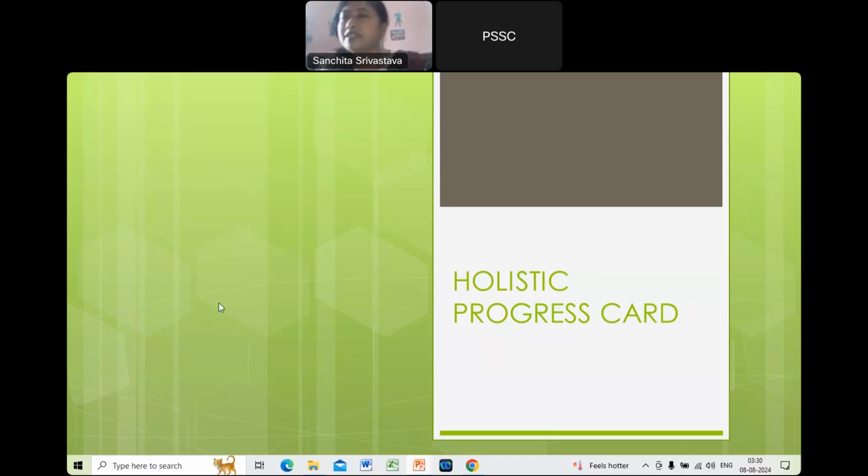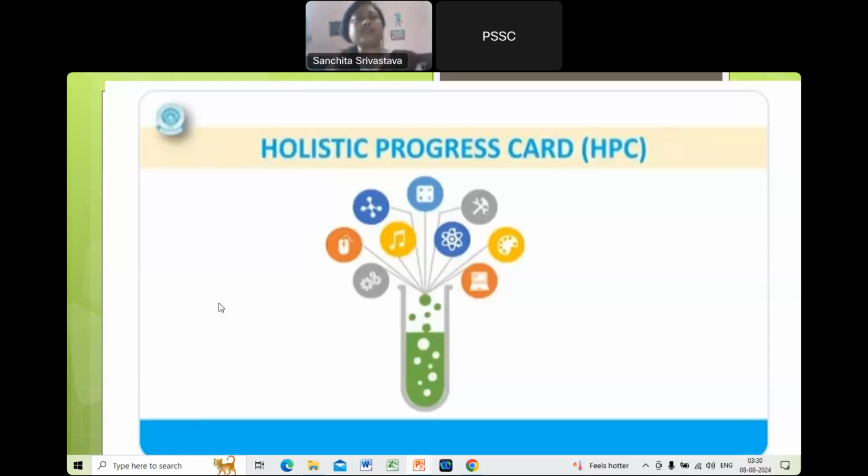Yes, it went off so quickly, but I couldn't read it. Okay. So holistic progress card is quite different from the progress card that is being circulated, right? You can see it from this image here.